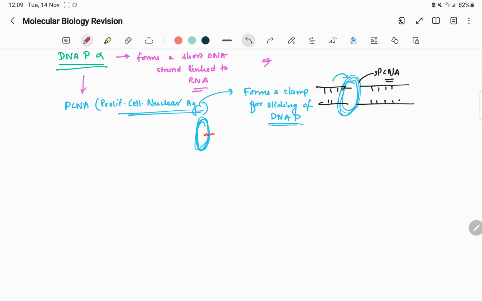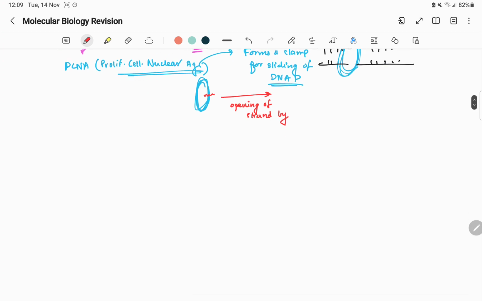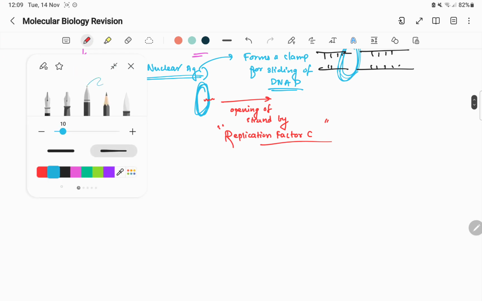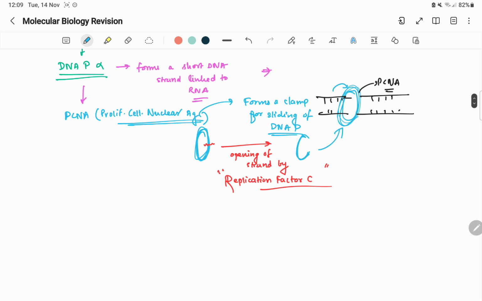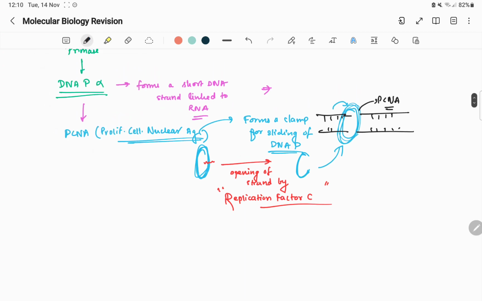So the opening of the PCNA strand is done by another factor called replication factor C. It opens up the PCNA strand, so PCNA is now open and it can attach to the DNA. And this PCNA and replication factor C will form the basis of attachment of the DNA polymerase.